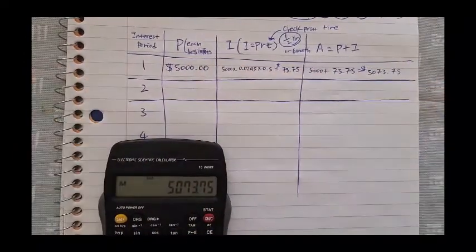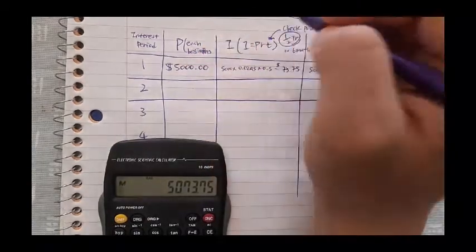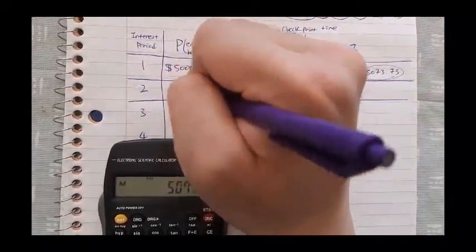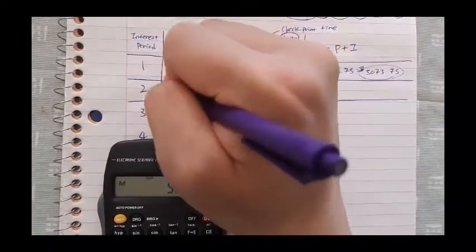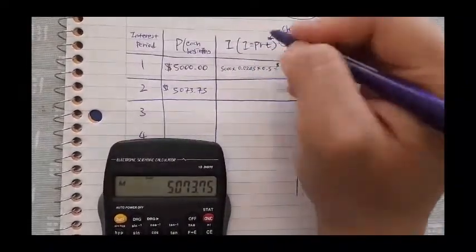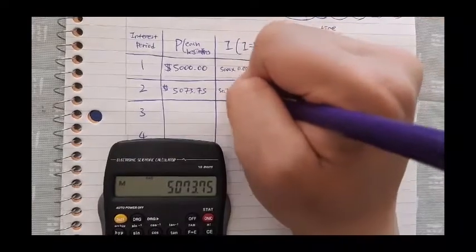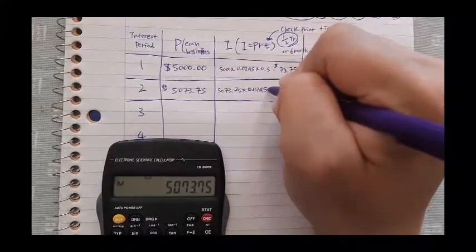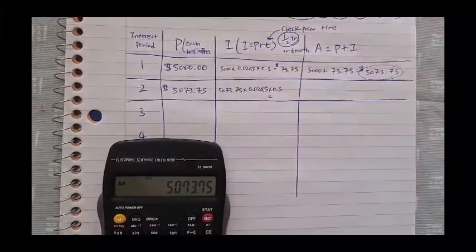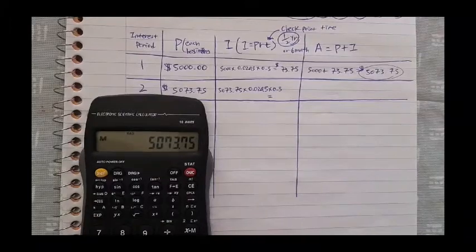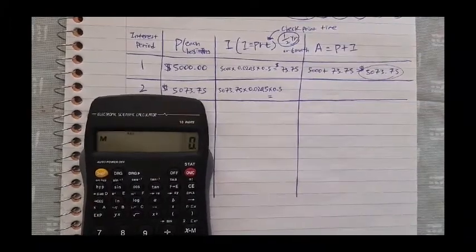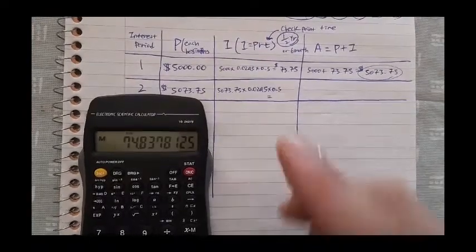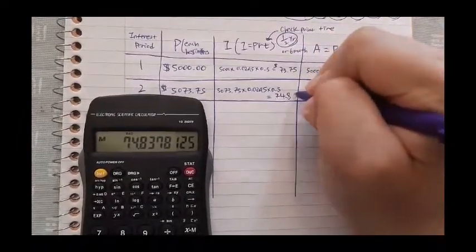When you go to the second beginning term, understand that this amount becomes my principal amount then, because it builds up, right? Now my I value, 5,073.75 times 0.0295 multiplied by 0.5. It's now the tedious part, just punching the numbers in. 0.0295 times 0.5 gives me 74.84.